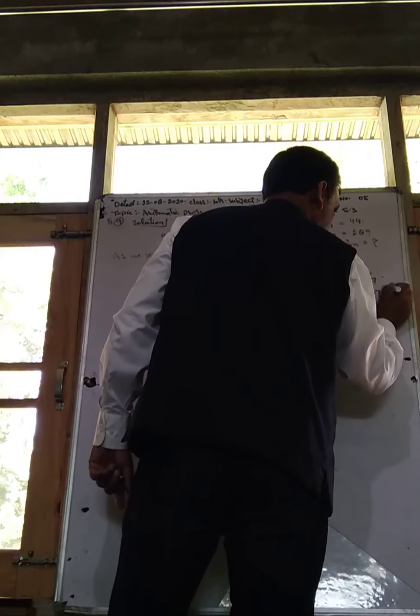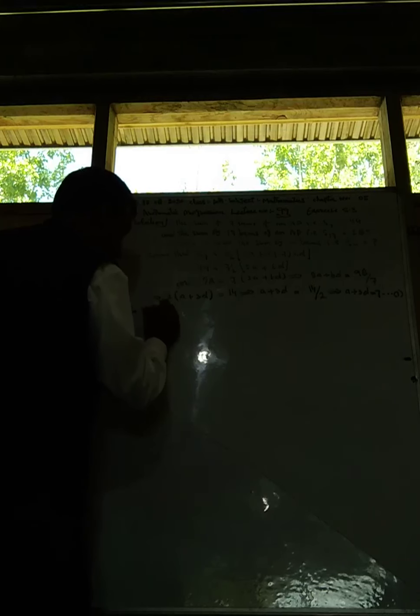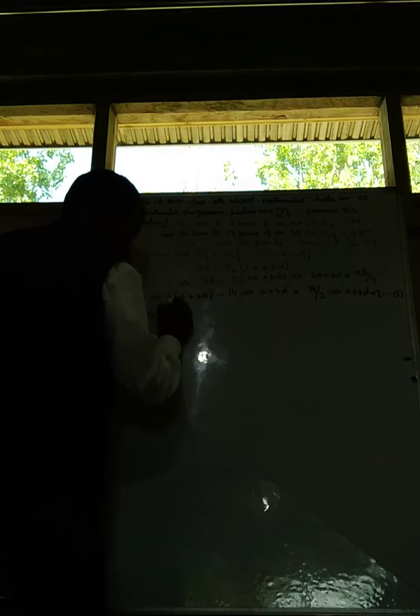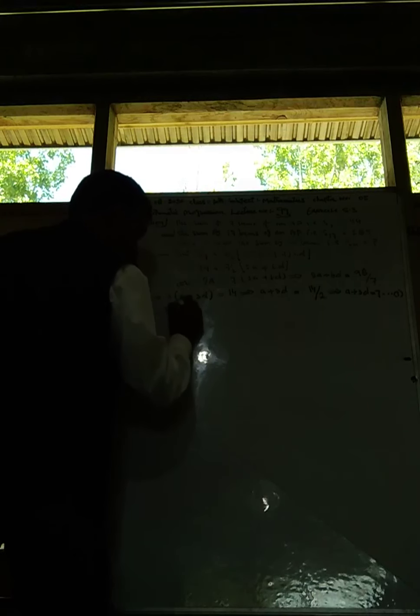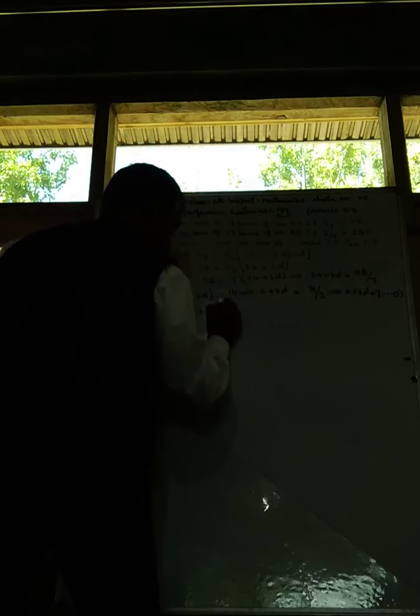Say this is first: a plus 3d is equal to 7. Again, S17, the sum of 17 terms. n by 2, here n is 17, so 17 divided by 2 into (2a plus (n minus 1) into d).